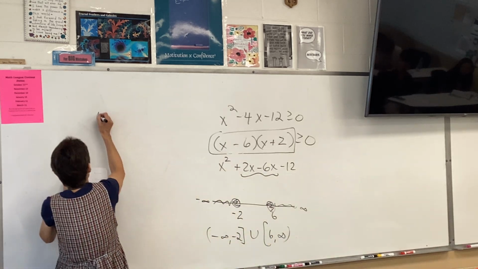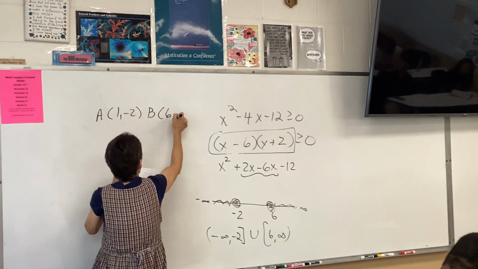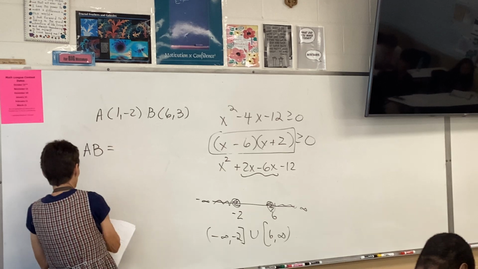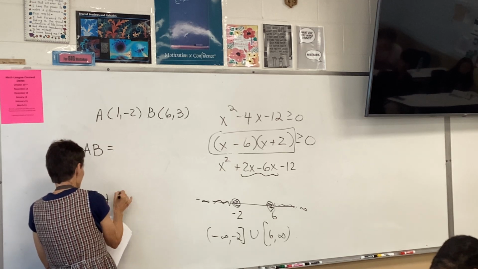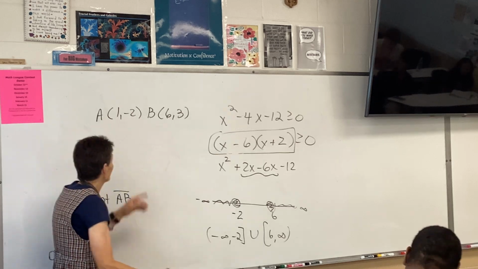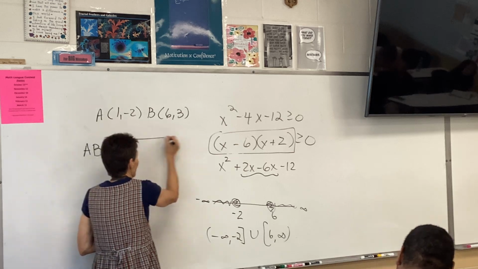All right, so number 5. This is from way back, one of the first things we did. Who remembers what this means? Distance. So we're gonna have a big radical.